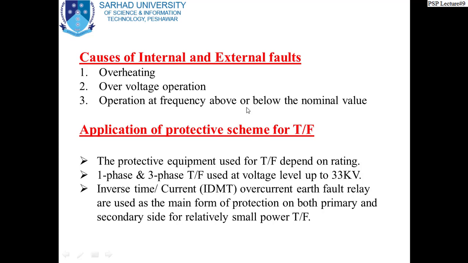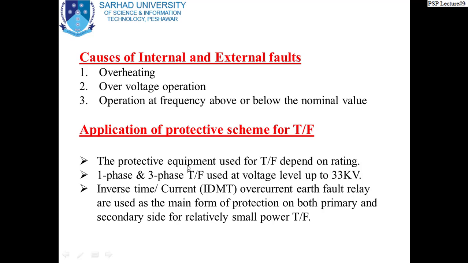Okay, now causes of internal and external faults. Overheating, number one. Number two, over voltage operation. And number three, operation at frequency above or below the nominal value. Now these may be the causes of fault on the transformer. Gentlemen, as I've told you, a transformer is a stationary element, therefore the chances of fault in the transformer or on the transformer are very rare.